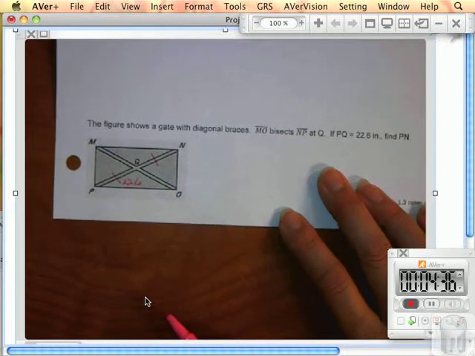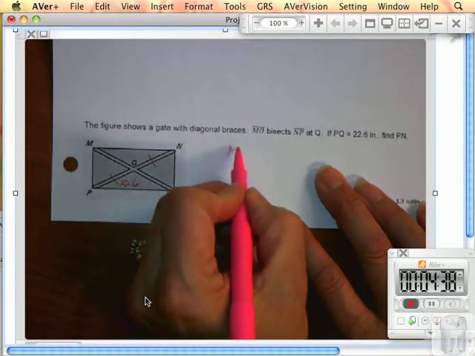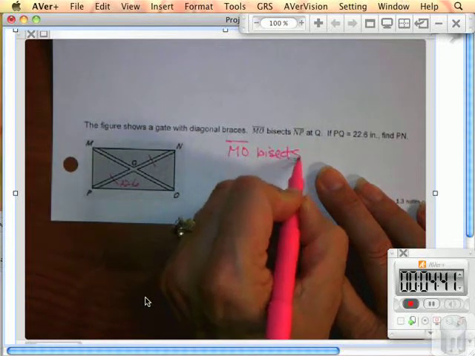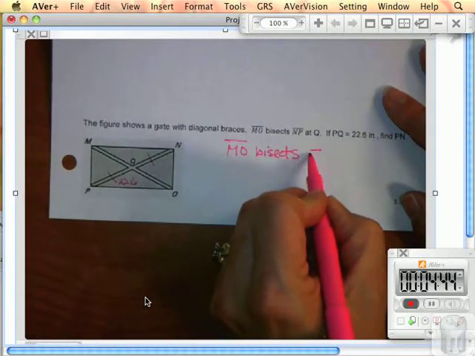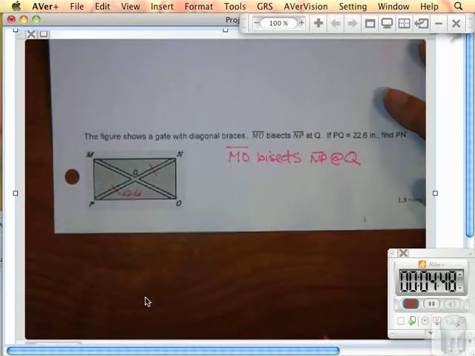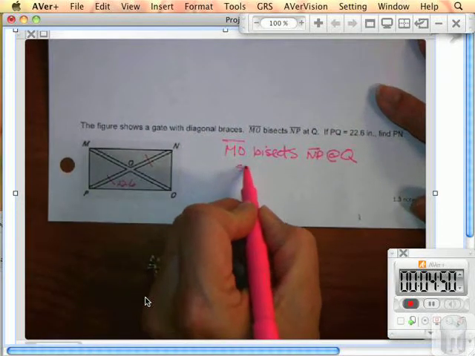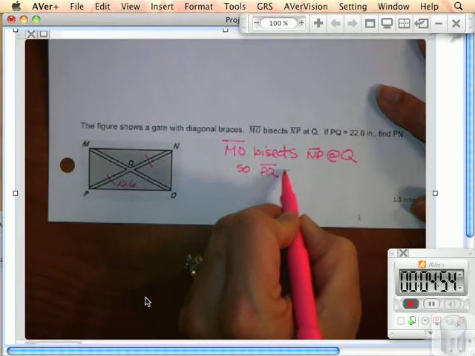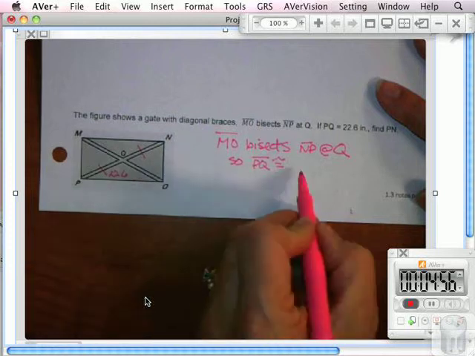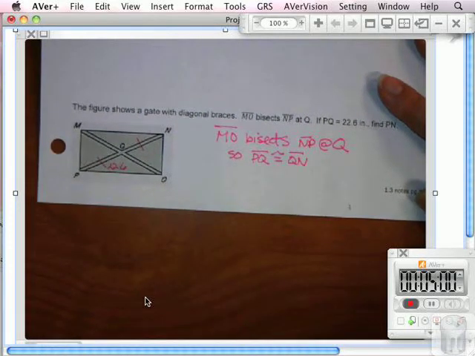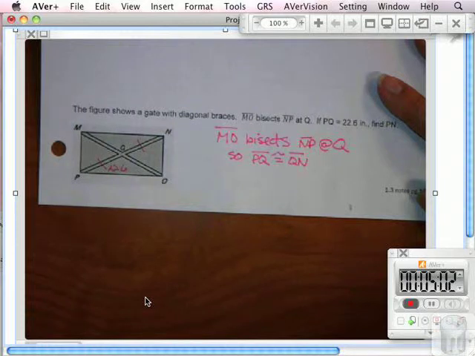So I'm just going to know that MO bisects NP at Q. So that tells me that PQ is congruent to QN because of the word bisect.